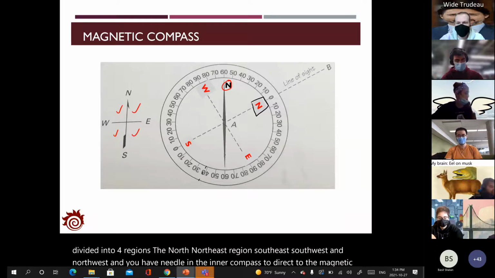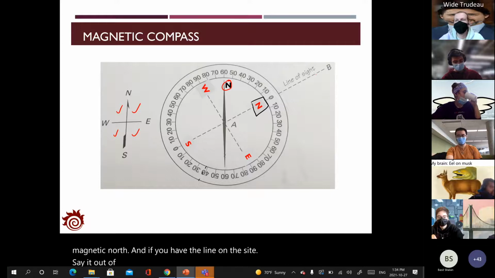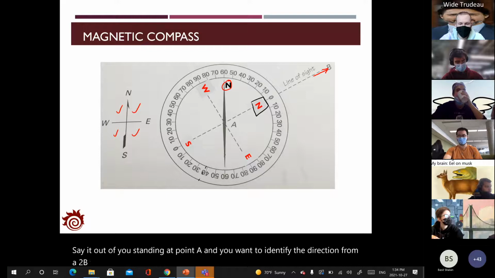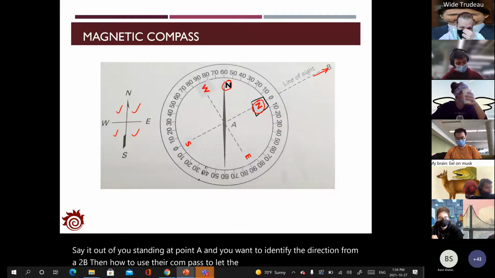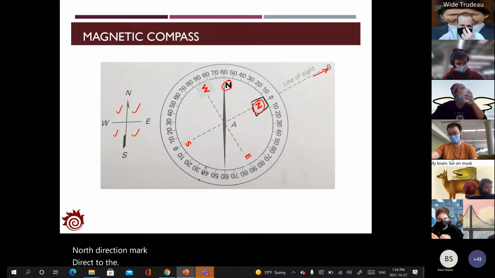And if you have the line of sight, say that you're standing at point A and you want to identify the direction from A to B, then you have to use the compass to let the north direction mark direct to the target B, and with that you will have your needle pointing to the north side, pointing to an angle.